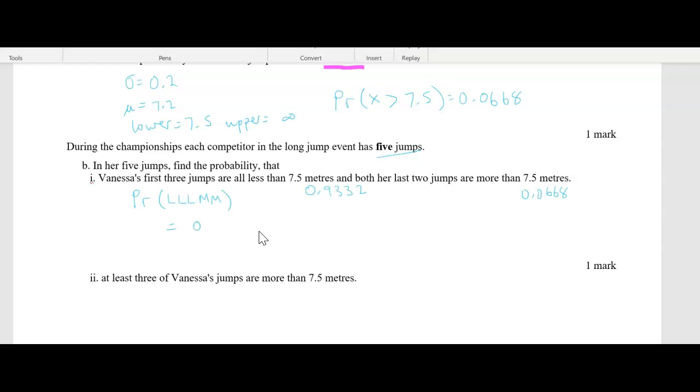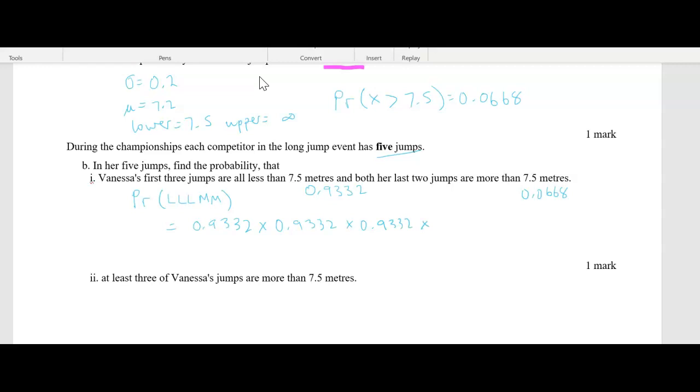So we could multiply them by themselves 3 times. So it's not 0.9332 times 3. Okay, so don't make that mistake. You're actually multiplying it by 0.9332 3 times.